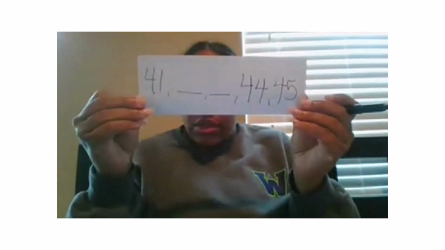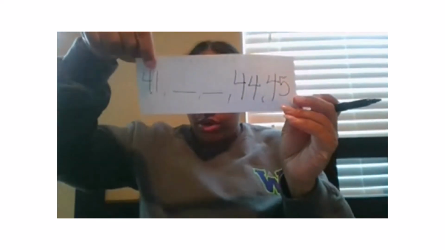Again, I want you guys to really be focusing on identifying the magic numbers that come in between our tens, right? So let me write one real quick. If I were to have, let's say I'm at 41, right? So we're focusing on the magic numbers.